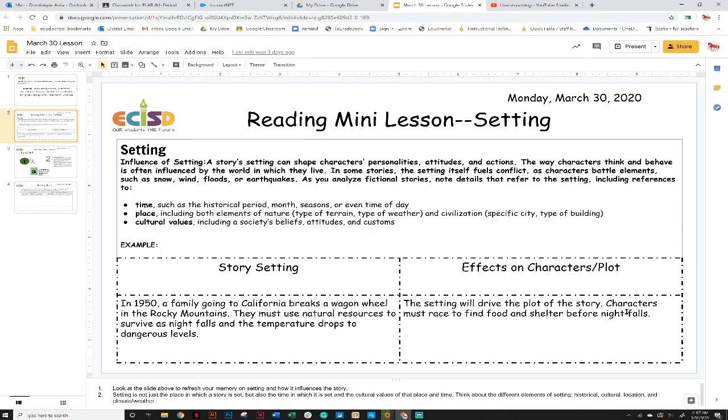So, an example. Story setting: in 1950, a family going to California breaks a wagon wheel in the Rocky Mountains. They must use natural resources to survive as night falls and the temperature drops to dangerous levels. How does the setting described here affect the characters or plot?